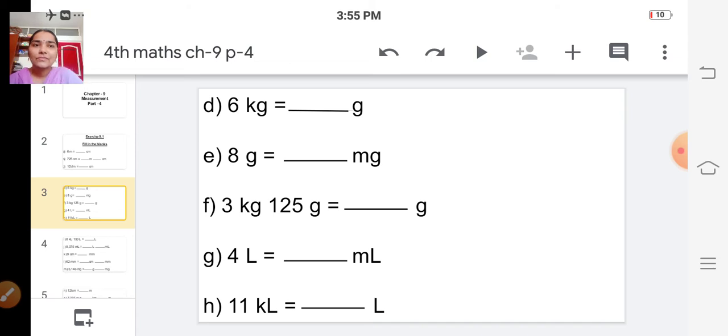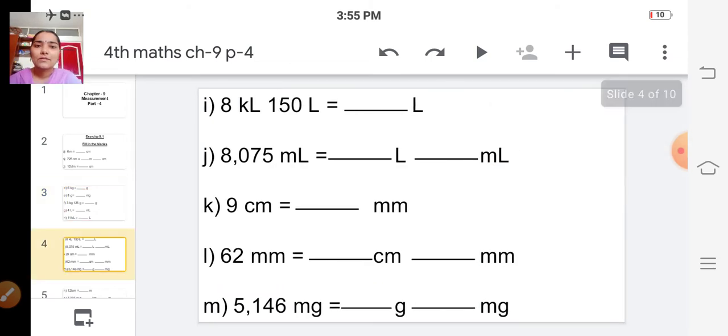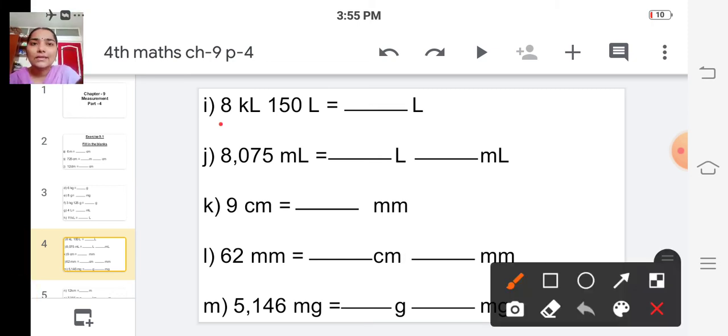Okay, the next one, 8 kiloliter and 150 liter is equal to dash liter. So this is in liters, so we need not touch this. The only thing we have to do is convert this kiloliter into liter and add these both.